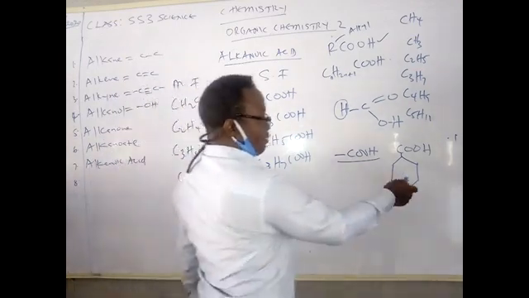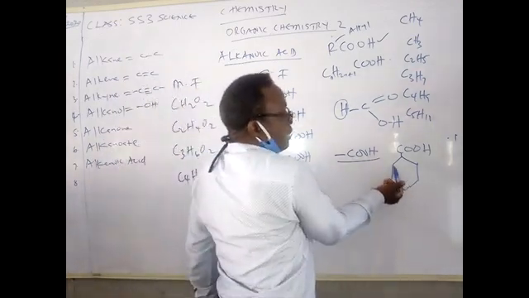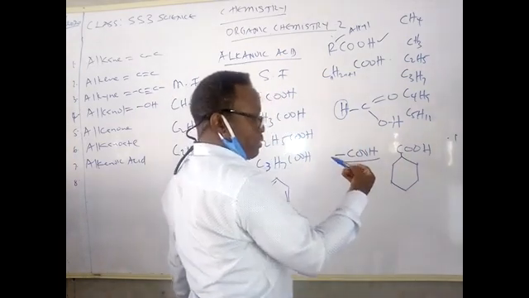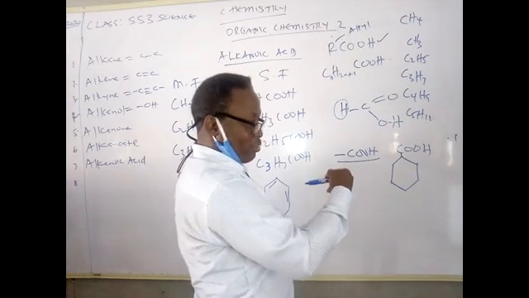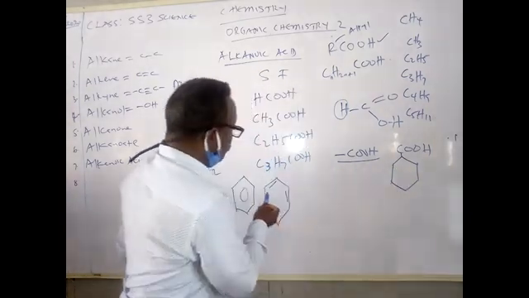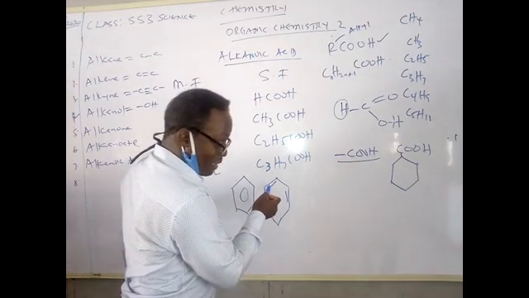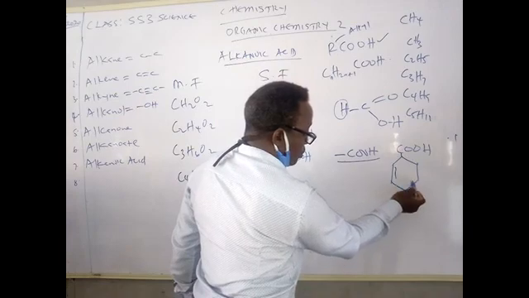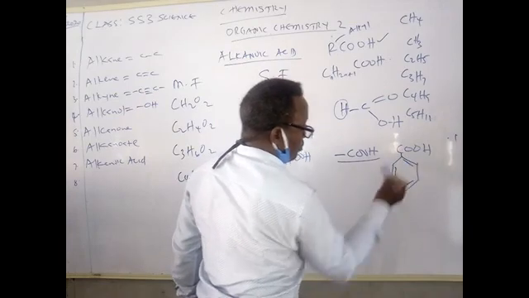So this is incomplete. I could even start my double bond from here. If you have been taught resonance in benzene, you will understand. I started the double bond from here while drawing benzene, but I could start it from here. So this will be double bond, single bond, double bond, single bond, double bond.